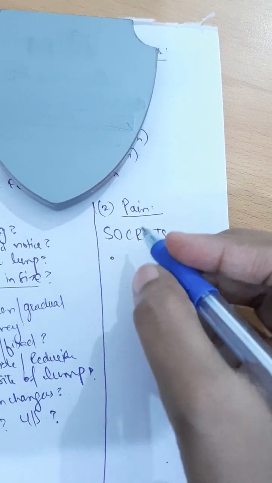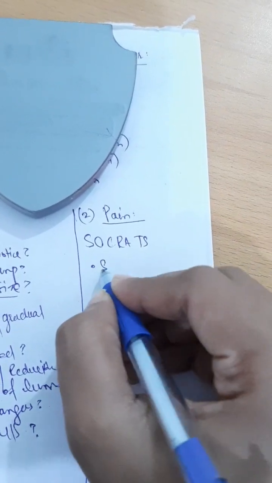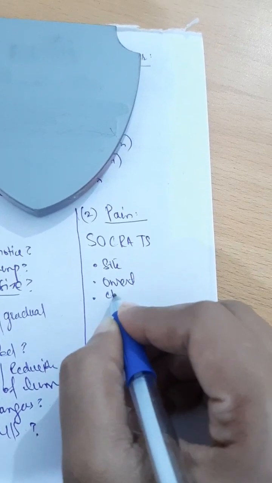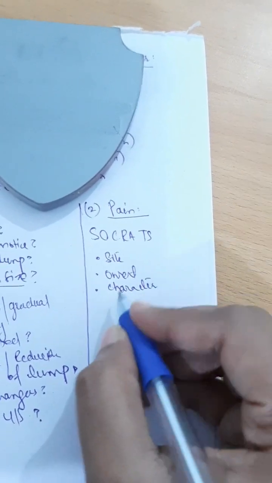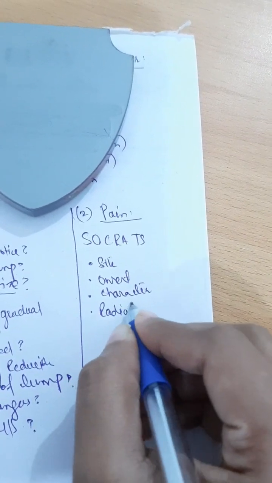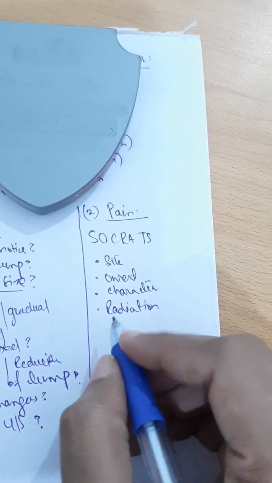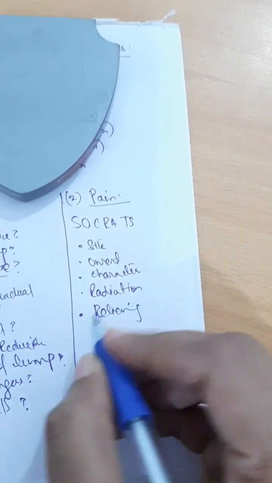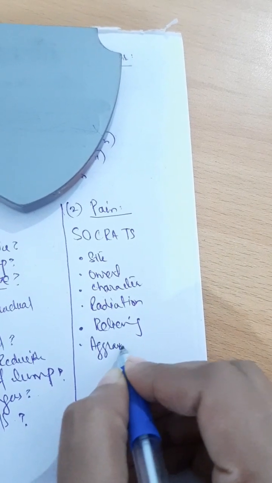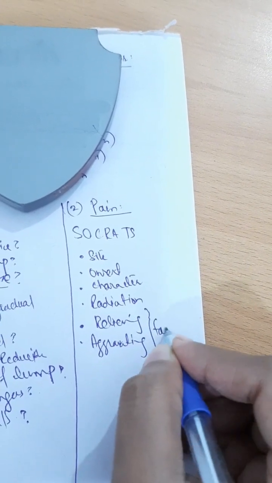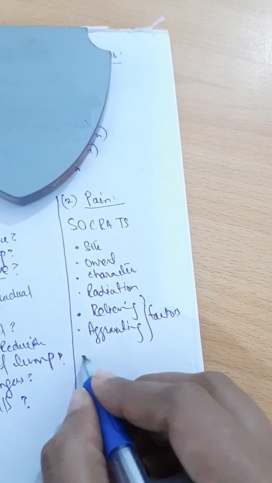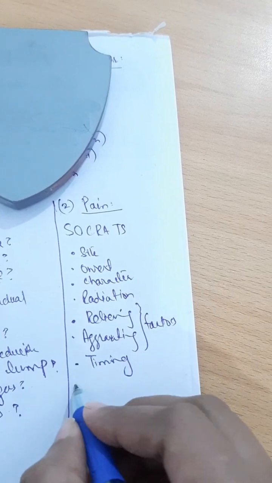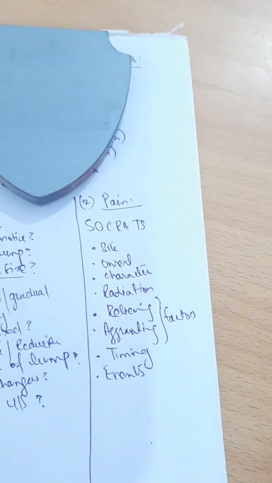Ask about the site of pain, onset of pain, character of pain, radiation, relieving and aggravating factors, timing, and finally, events related with the pain.